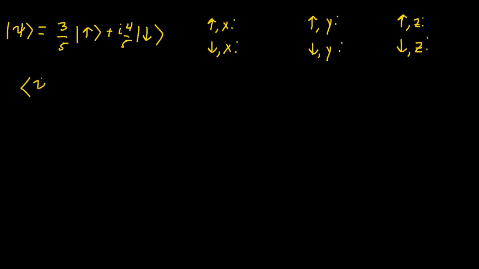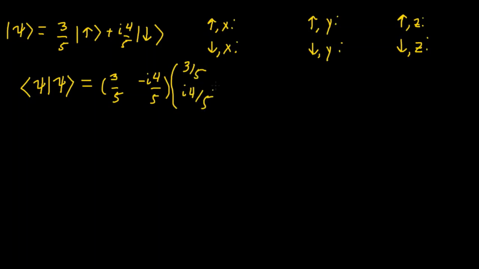First things first, I want to check to make sure that the inner product of the state with itself really is 1. So remember that you take the complex conjugate for the row vector, for the dual vector. And if you want to, you can pause the video and work this stuff out for yourself and see if your answers agree with mine.